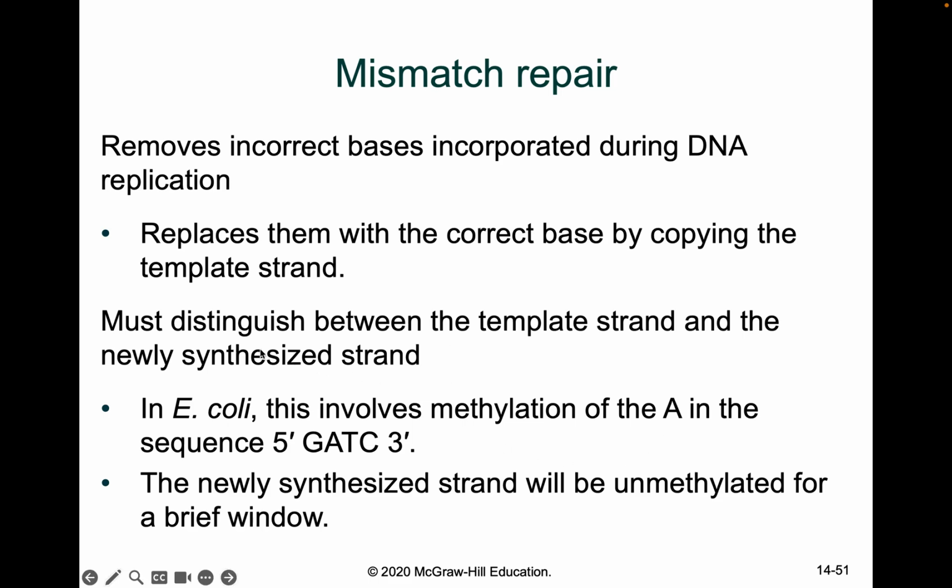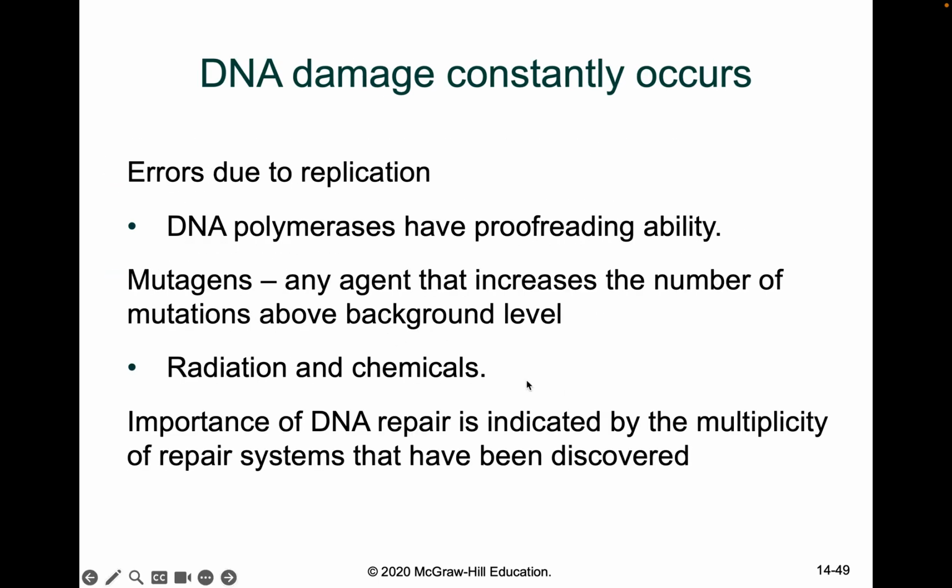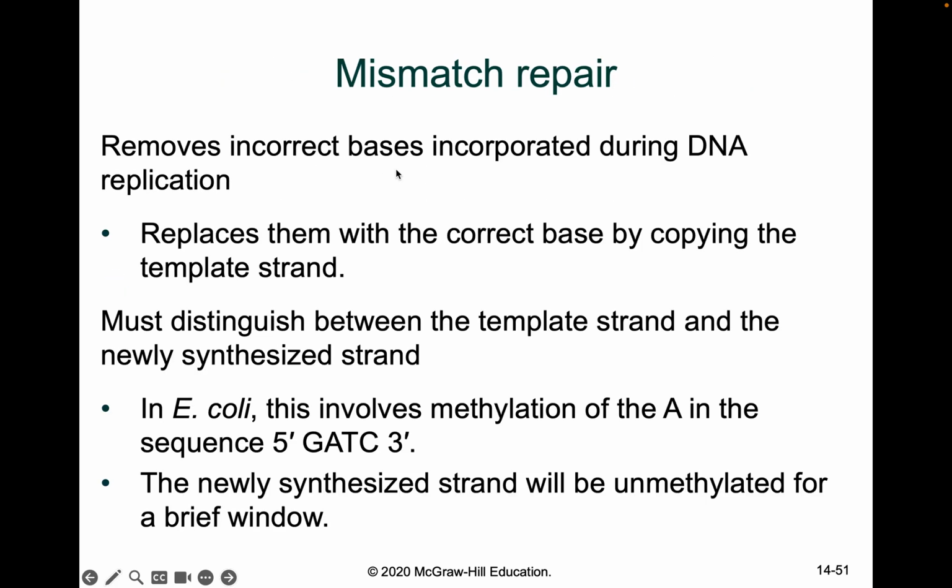It's like, okay, this is the newly synthesized strand, this is the one that I need to repair, because the newly synthesized strand will not have this methylation for this brief window of time. So this is how you are able to repair errors due to replication.